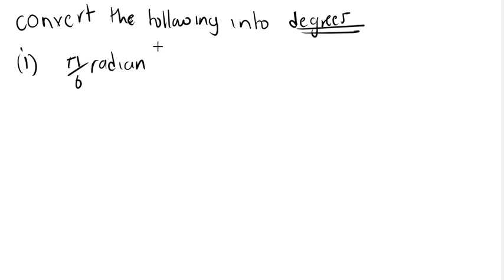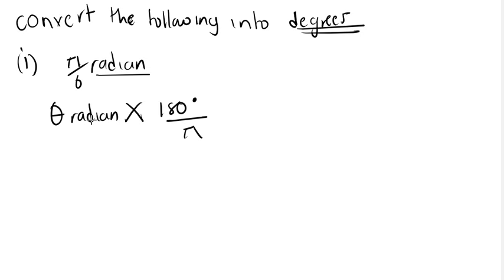So when you're converting it to degrees, you're coming from radians, converting to degrees, you're going to say theta, that is in radians, times 180 degrees over pi. So where there is theta, I'll replace this part with the angle that I've been given.